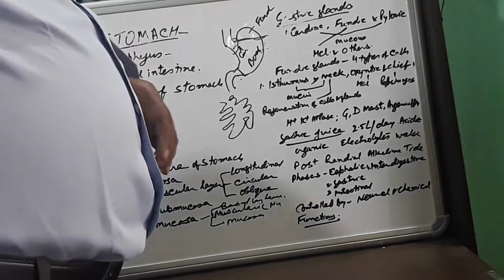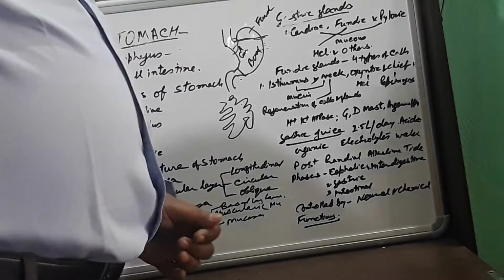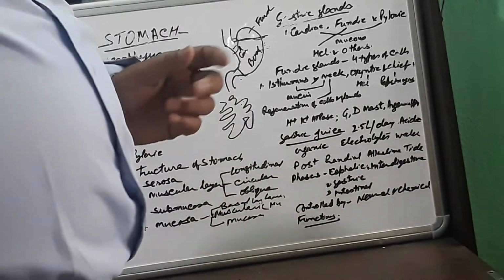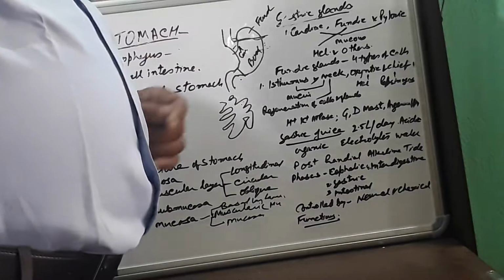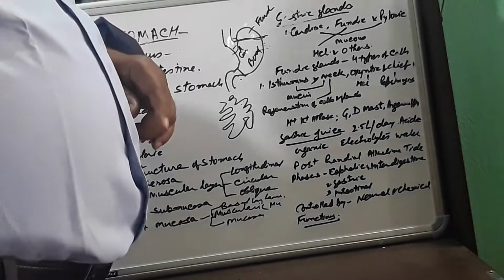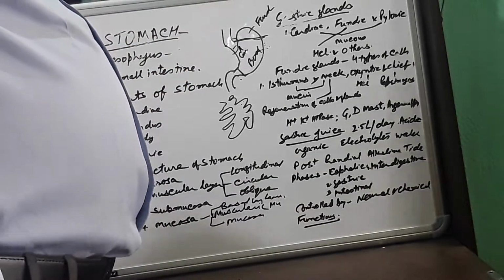And from the small intestine, the first part of the duodenum is connected with the pyloric orifice.